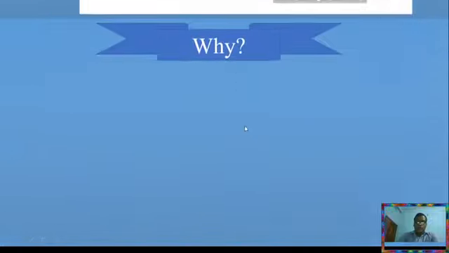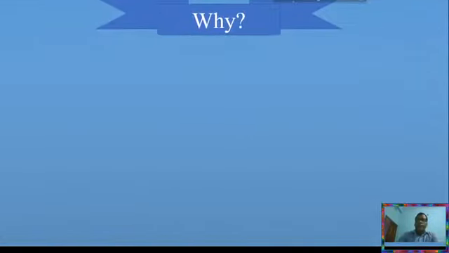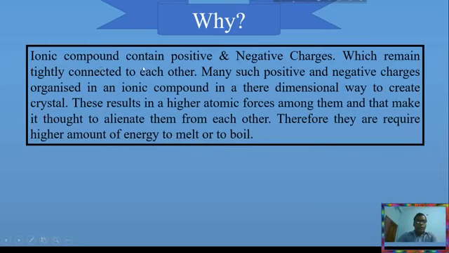So why is the melting point and boiling point of ionic compounds higher than that of covalent compounds? Ionic compounds contain positive and negative charges, which remain tightly connected to each other. Many such positive and negative charges are organized in a three-dimensional way in an ionic compound to create a crystal.